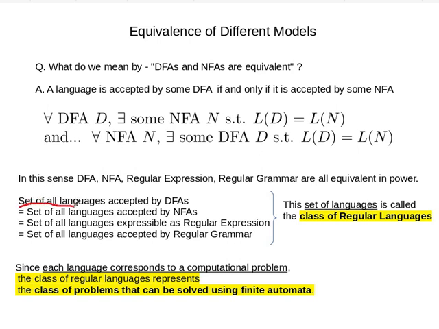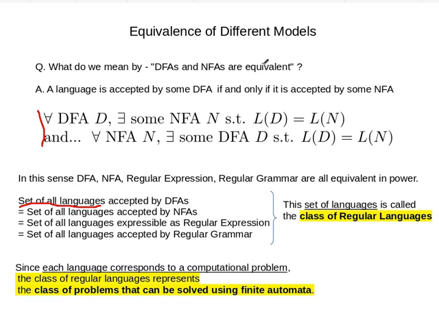Okay, so we started with symbols, then we constructed strings out of that, and then we said that a set of strings is a language, and now we are talking about a set of languages. So the set of languages accepted by DFAs will be the set of languages accepted by NFAs. If you believe that this is true, we will prove this later.